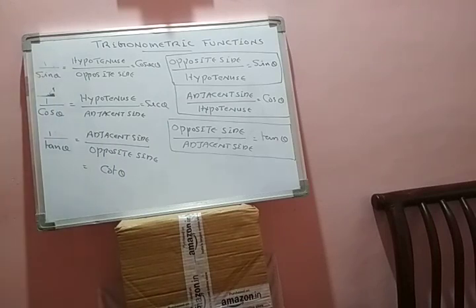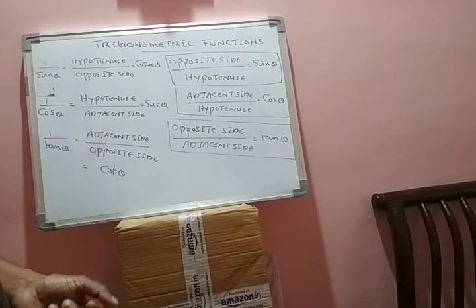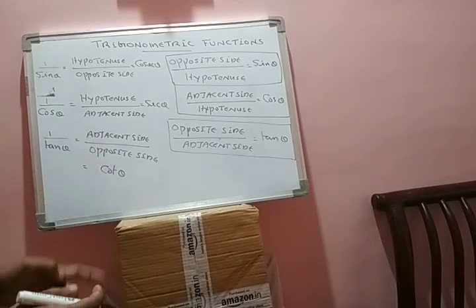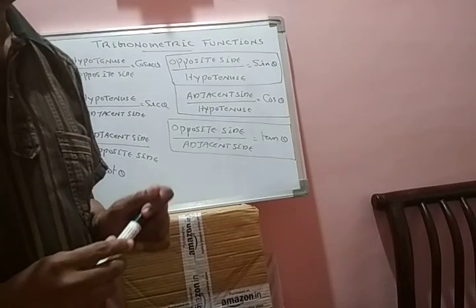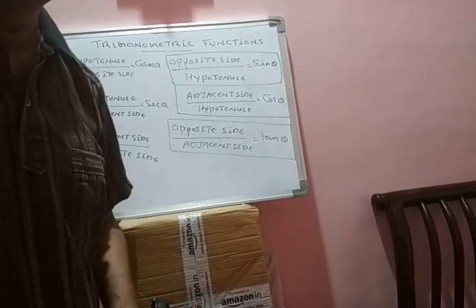Therefore, cot theta is the reciprocal of tan theta. That is 1 by tan theta is equal to cot theta, which is equal to adjacent side divided by opposite side. Therefore, there are 6 different trigonometric ratios.